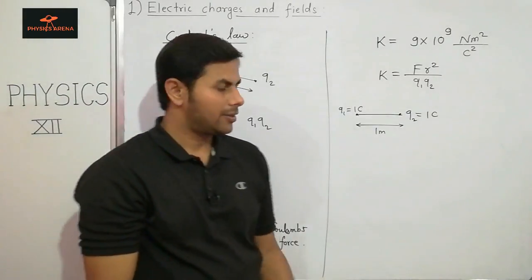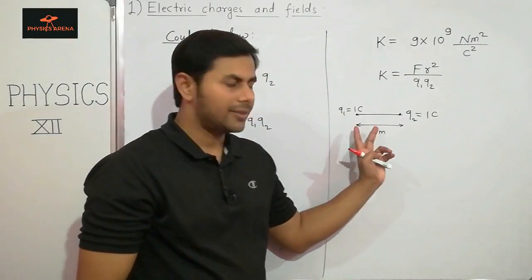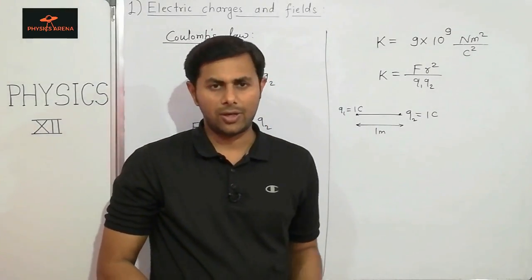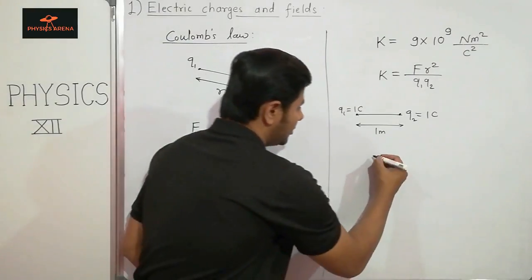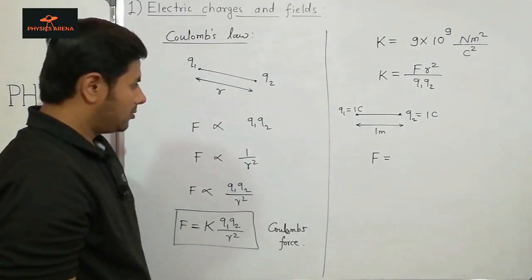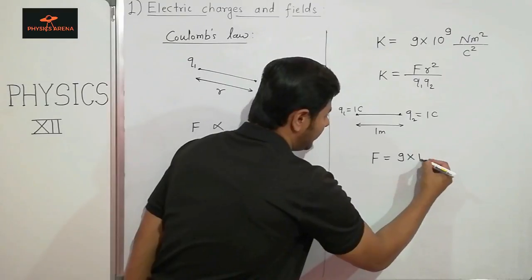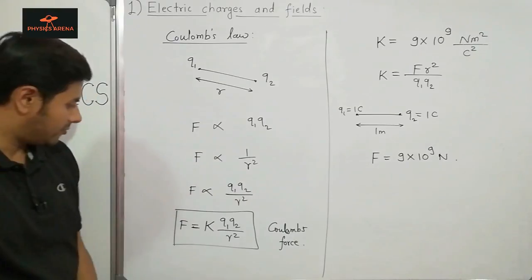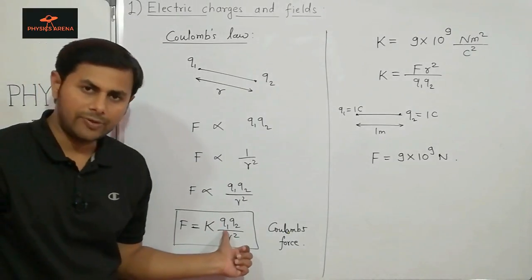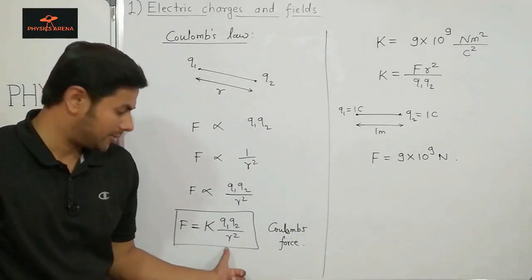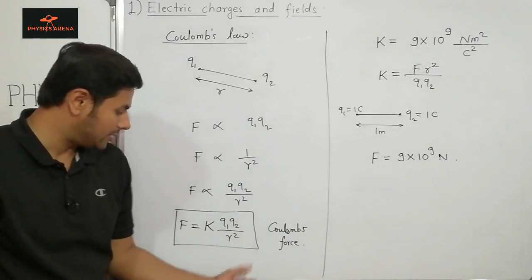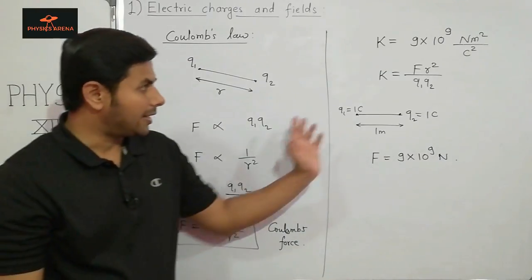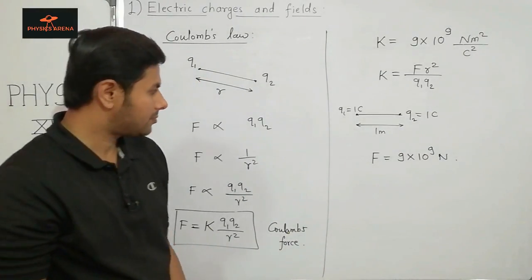What will be the force of attraction or repulsion between them? The force will be equal to 9 multiplied by 10 raised to 9 newtons. As you can see, Q1 is 1, Q2 is 1 and R is 1, so this thing is equal to 1. So F is equal to K in magnitude, which is 9 times 10 raised to 9 newtons.